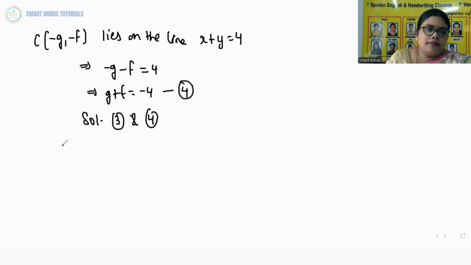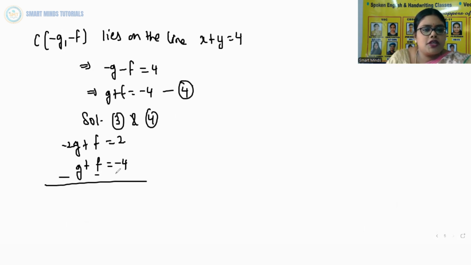Minus 2g plus f equals 2. And over here fourth equation is g plus f is minus 4. Change the signs. f minus f cancel. Minus 2g minus g is minus 3g equals 4 plus 2 is 6. 3 ones are 3, 3 twos are 6. So g is minus 2.